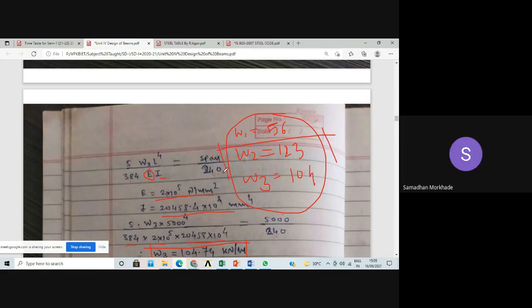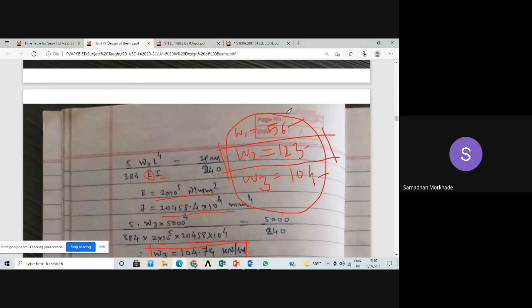Our question is the largest load the beam can carry. Here we got load from bending moment criteria 56, load from shear criteria 123, and W3 load from deflection criteria 104. But our beam is going to fail at the minimum load, when it is subjected to 56. म्हणजे बेंडिंग मोमेंट क्रायटेरिया मध्ये कॅपॅसिटी किती आहे? 56.